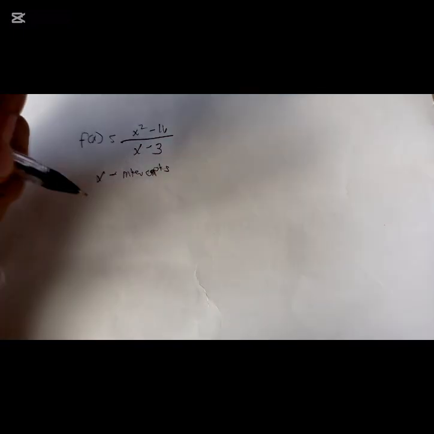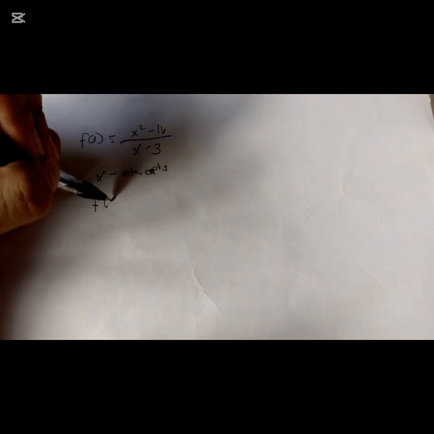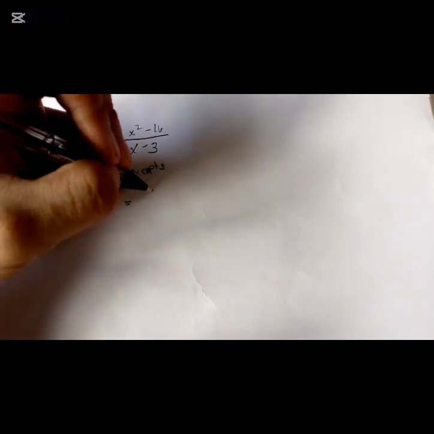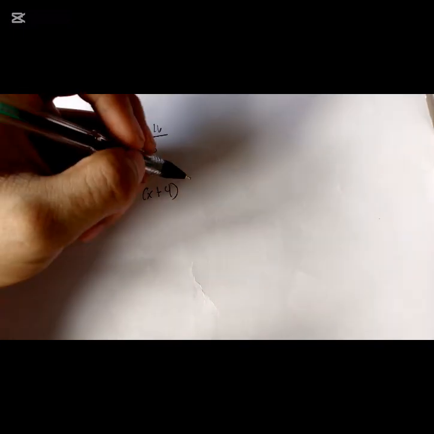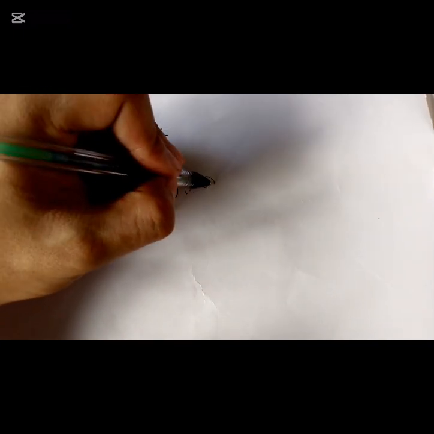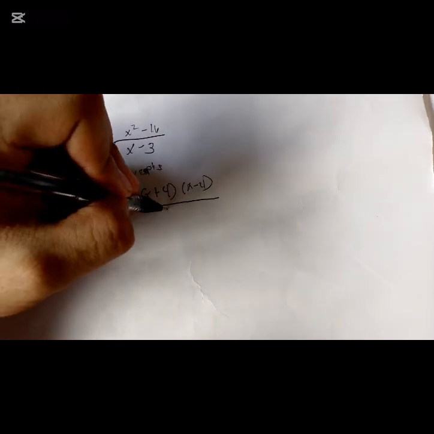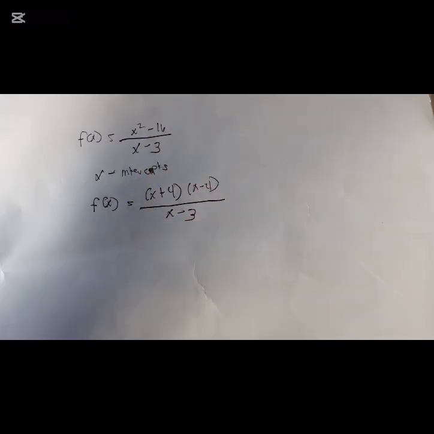Is x squared minus 16 factorable? Yes, it is factorable. So to find the x-intercept, we need to factor the numerator: x plus 4 and x minus 4 over x minus 3. So we write out the function in completely factored form.